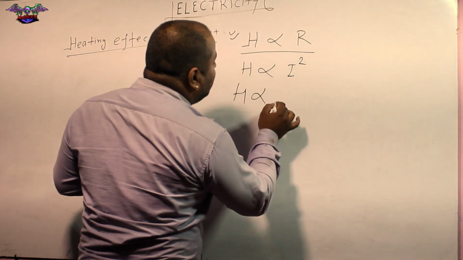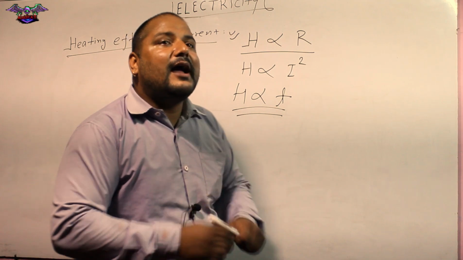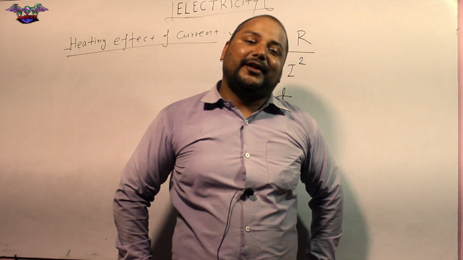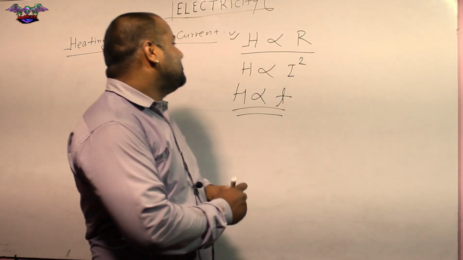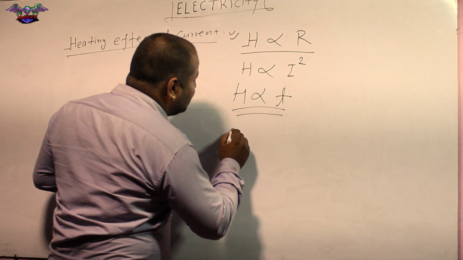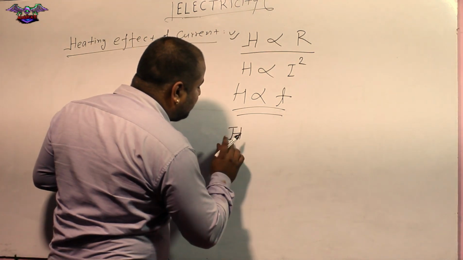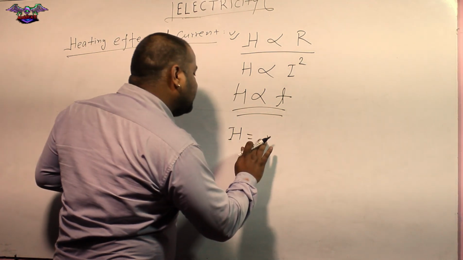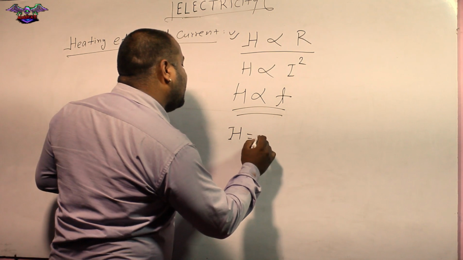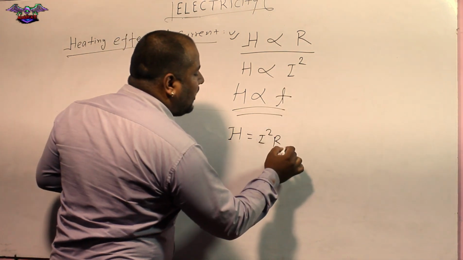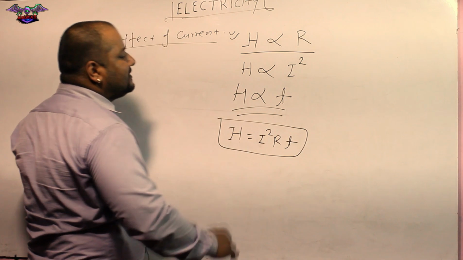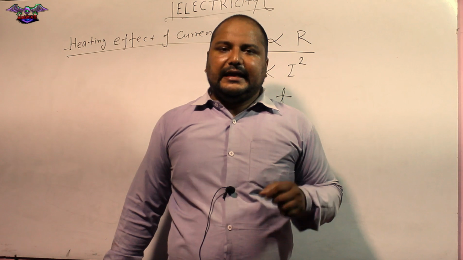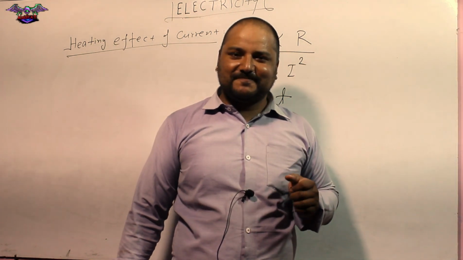Heating effect also depends on time: how much time the electrons are flowing in the wire, how much time the current is flowing in the wire. So if I join these three results, the output is H equal to I square R T. I square R T. So these are three things on which the heating effect of current, heating of wire, depends.